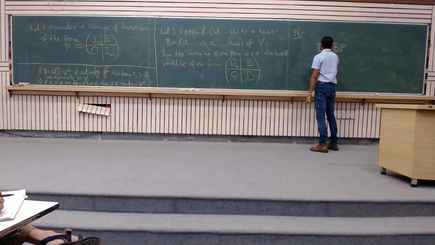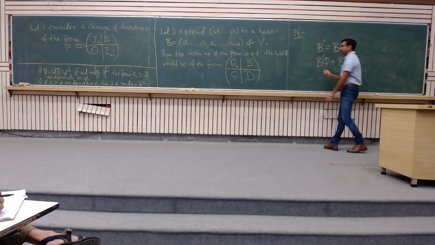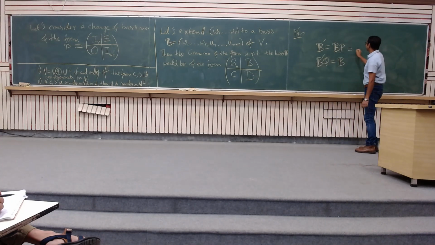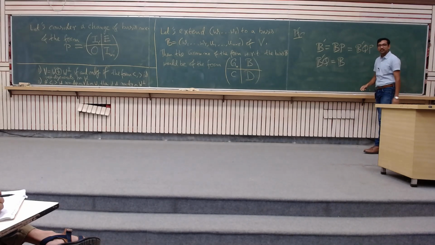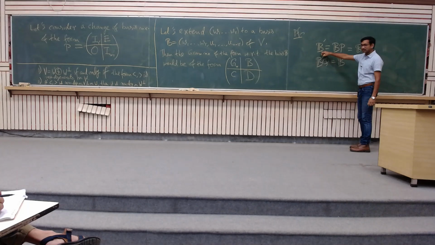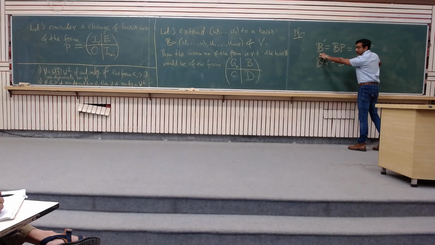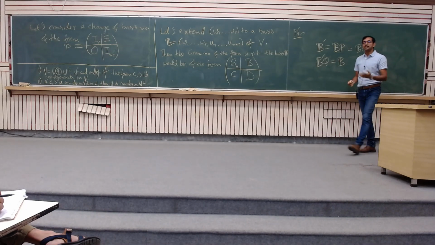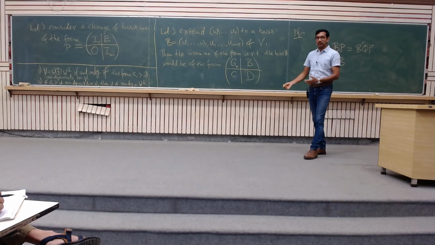So you could write that as b dash q equal to b. And then if you take the composition of these, you get b dash qp. Okay, this is the basis, and you are representing the basis elements in terms of the basis itself. And we know that every vector has a unique representation with respect to a basis.